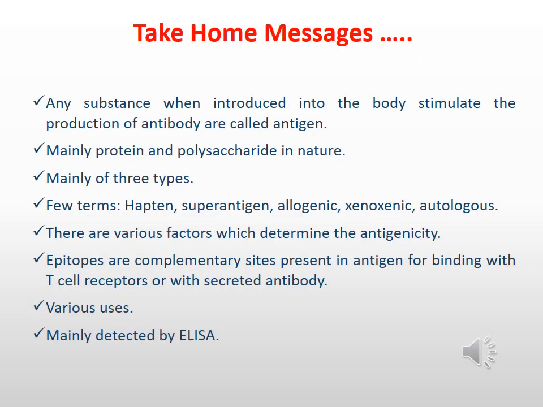After completing all this, we can conclude with some take-home messages. First, what is the definition of antigen? Any substance which is introduced into the body and able to produce antibody generation is called an antigen. They are mainly protein or polysaccharide in nature. They are mainly of 3 types. A few terms you have to remember are hapten, superantigen, allogenic, xenogenic, autologous, etc. There are various factors which determine the antigenicity of an antigen.